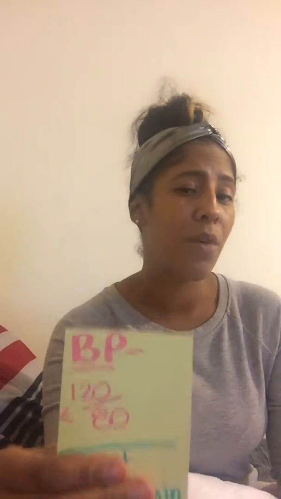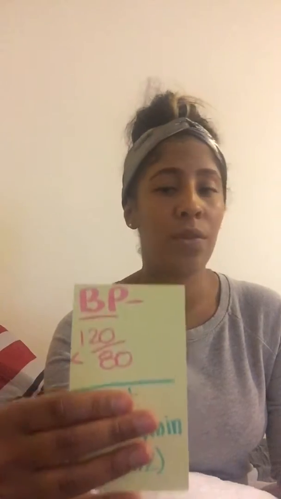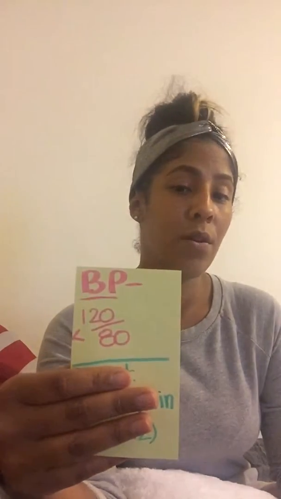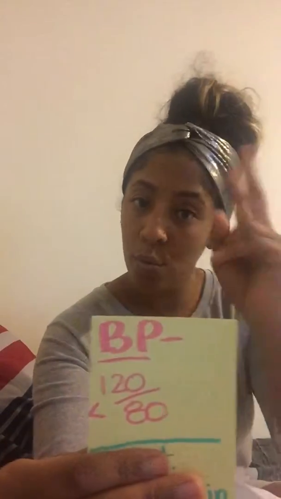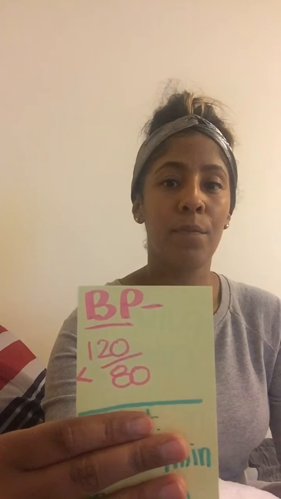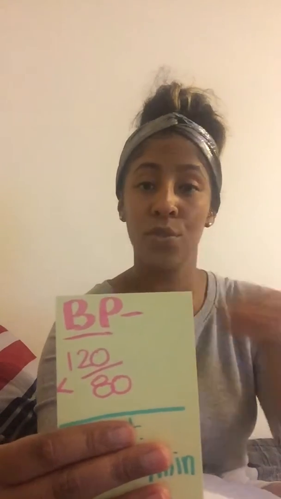If a patient you already know has hypertension and they start falling below their norm, then again, that is something that calls for a little bit of concern. But a normal patient should be anywhere less than 120/80.